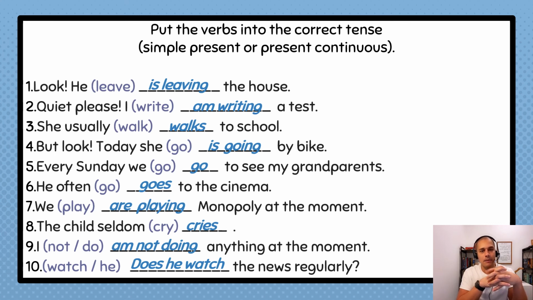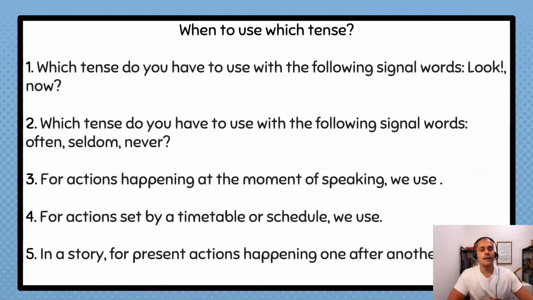All right? Because the basic form of the auxiliary is do. And we are using does because it's he, she, it. So in this case, we don't change the verb for negatives and questions. Okay? All right. Let's go to the exercise in which we have to use the tense.